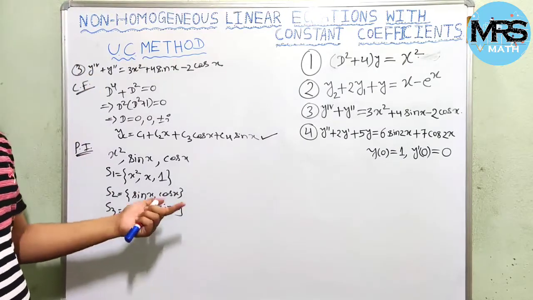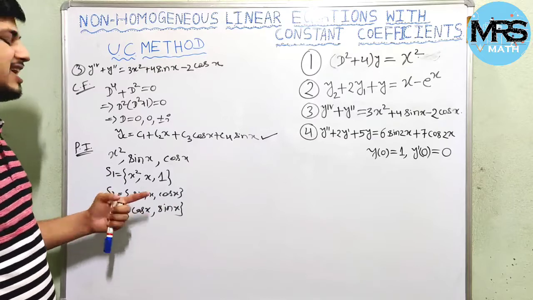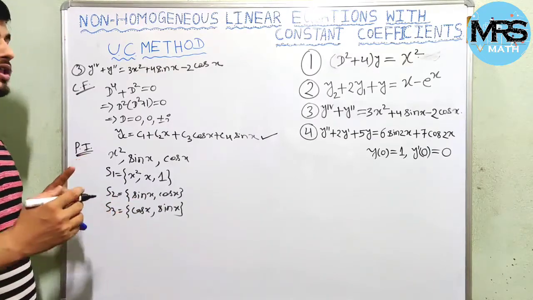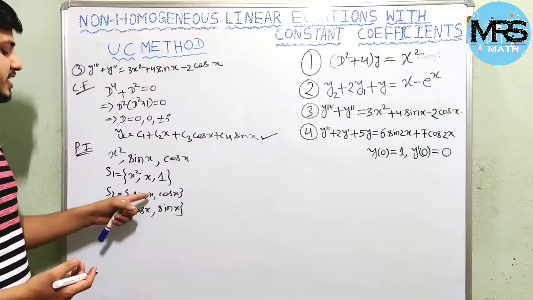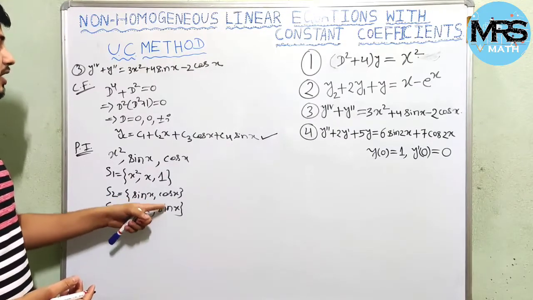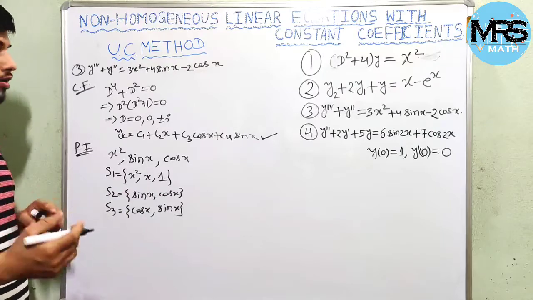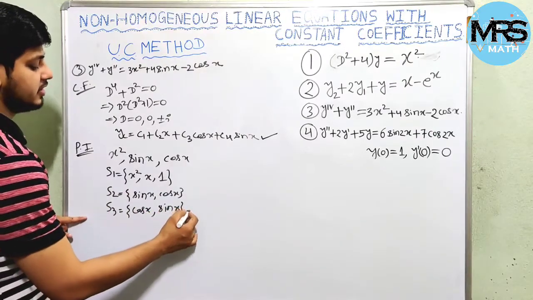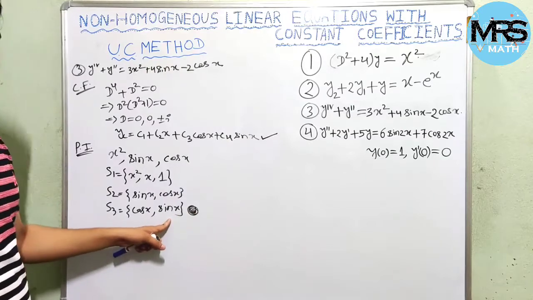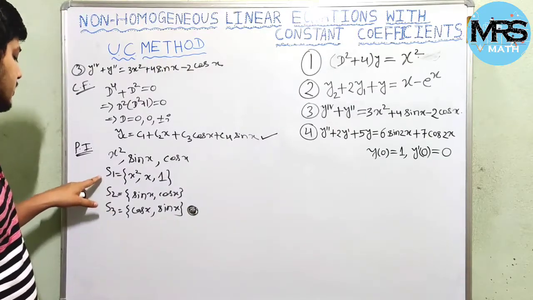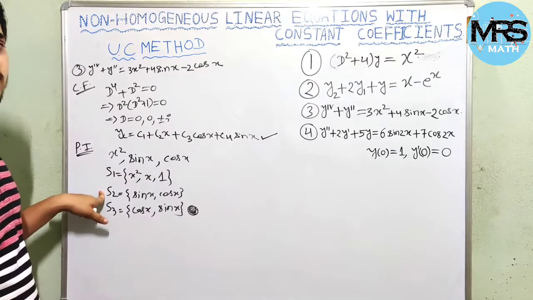Here you can see the first step is already over, and the second step is: h2 and h3 are both the same, because sin x is here and cos x is also there. So we can omit h3. Then we will consider only h1 and h2.